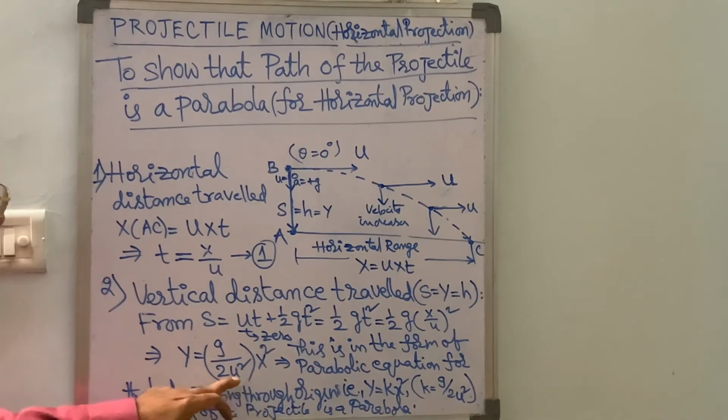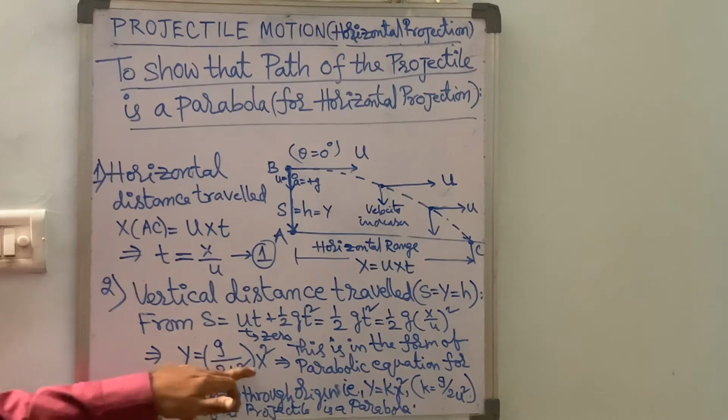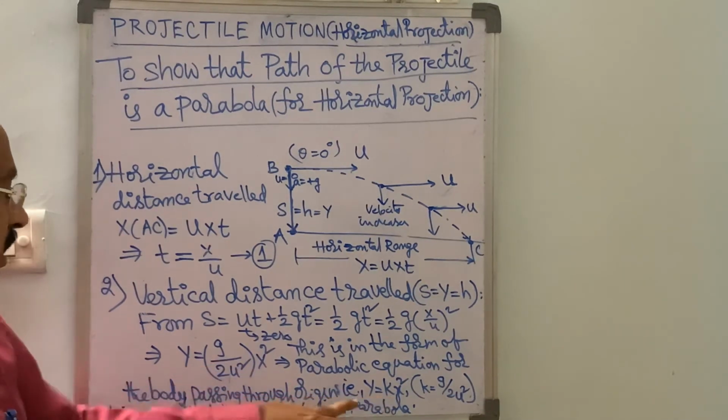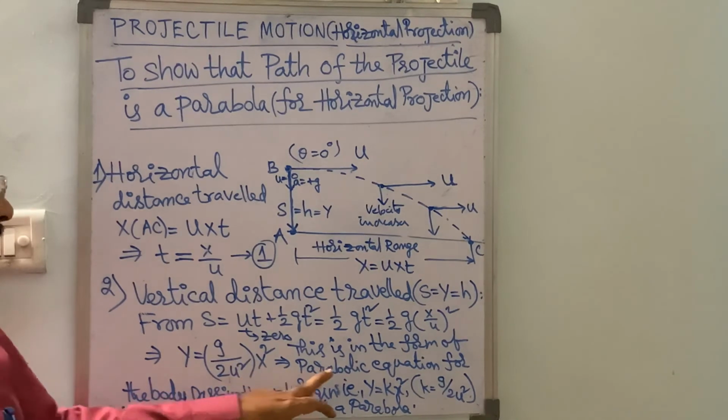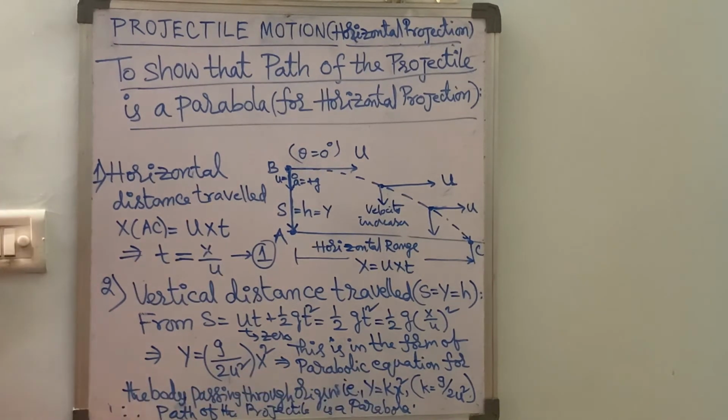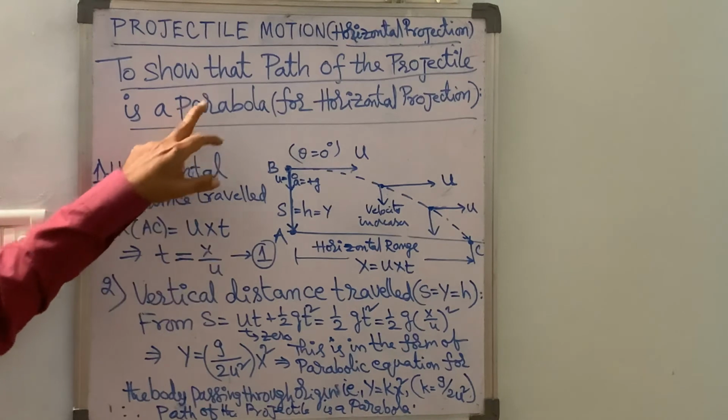In the bracket, g/(2u²) is taken as constant k, then it may be written as y = kx², which is the parabolic equation of the particle travelling through the origin. Therefore, the path of the projectile is a parabola.